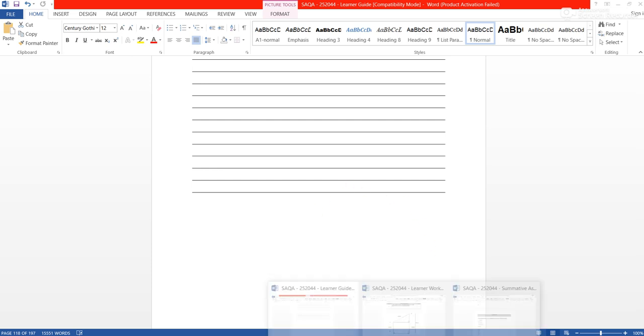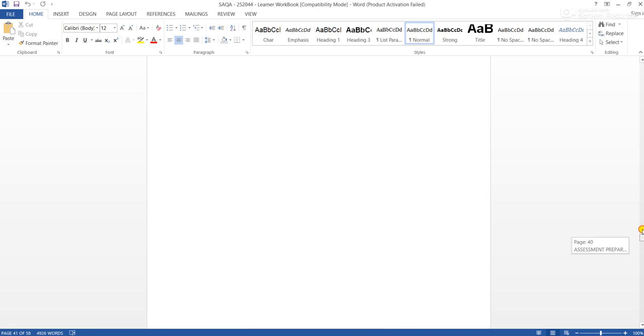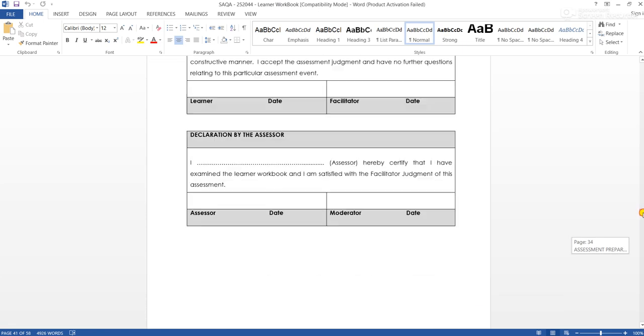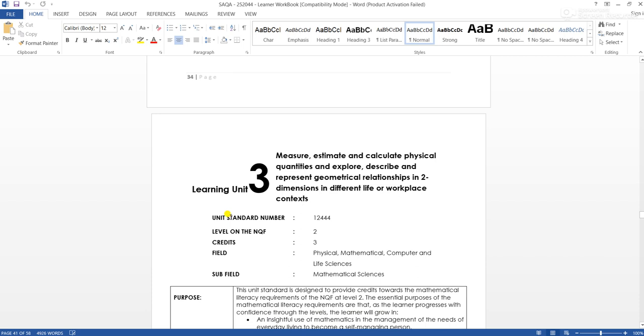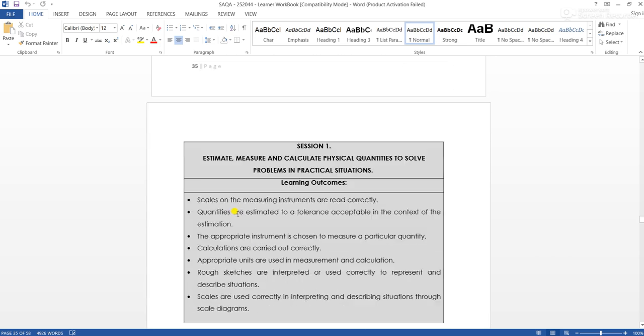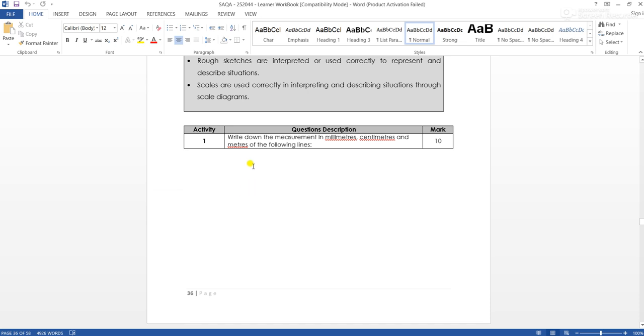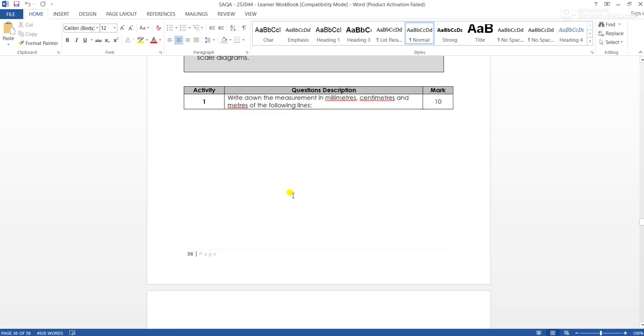Let's just go through the questions, your activities within your formative assessment. Learning unit 3, session 1. What you need to do is write down the measurement in millimeters, centimeters and meters of the following lines.